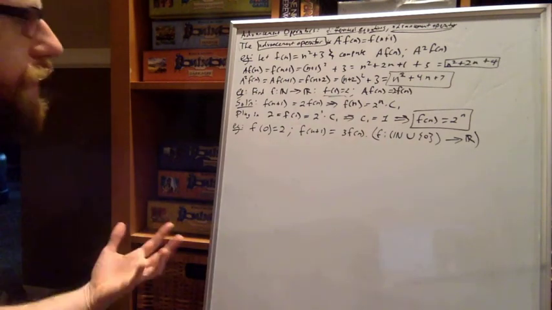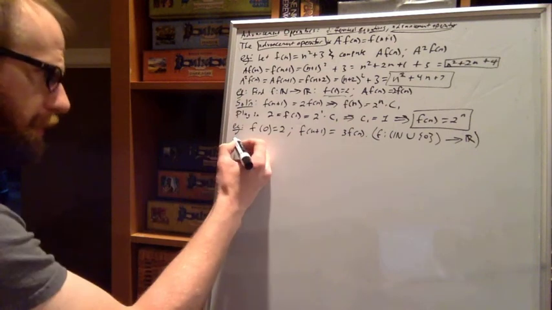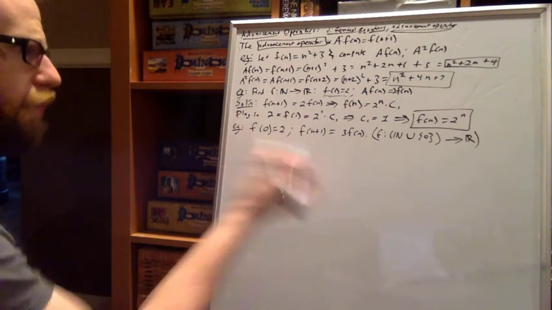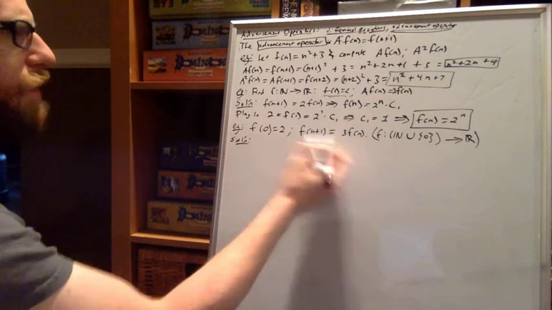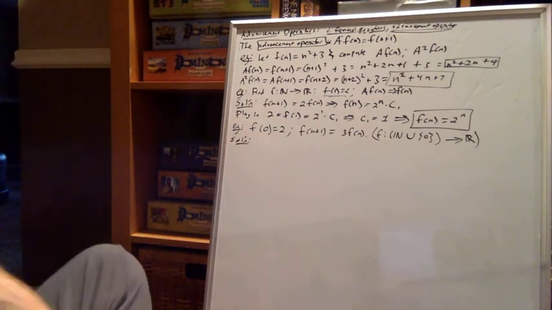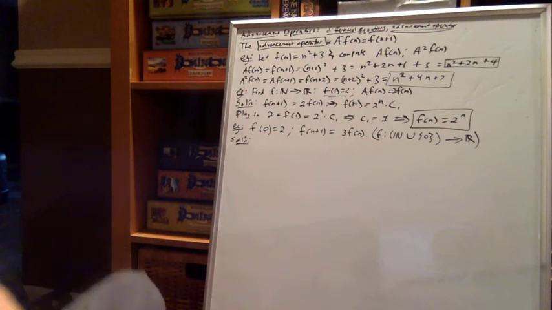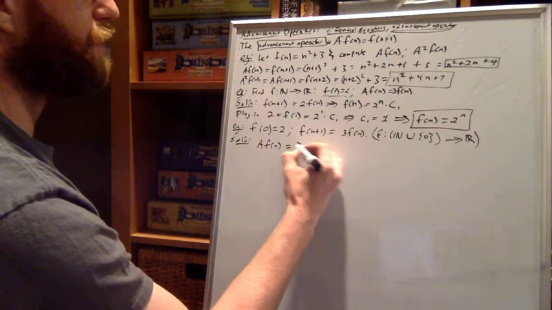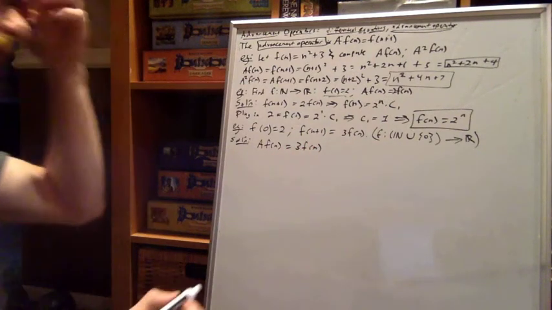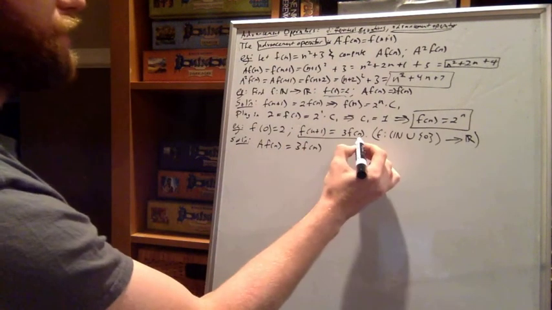So I want to find such a function. And so what is my function? Well, let's start by writing down this advancement operator thing, but I'm going to write it down a little bit differently. So I'm going to write af of n equals 3f of n. And that's just this equation, rewritten with the advancement operator.